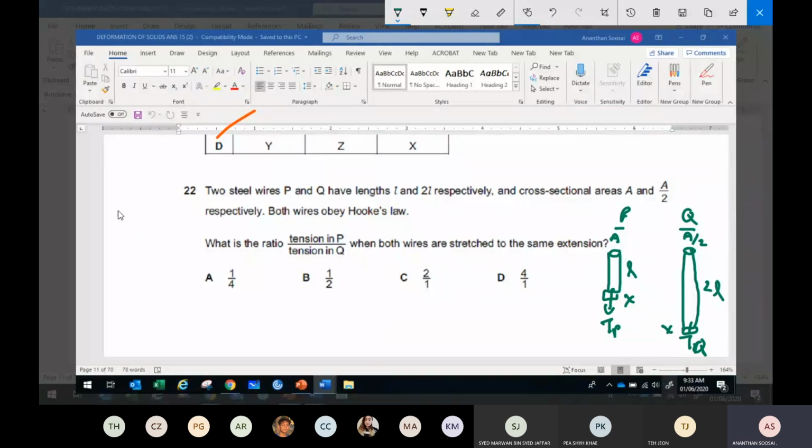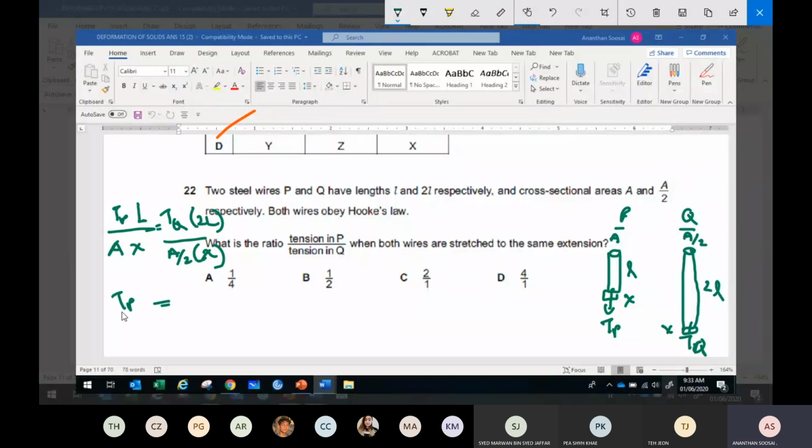So for the first wire P, force is TP, length is L, area is A, extension is X. This should equal TQ, length 2L, area A over 2. This is just substituting into the formula.